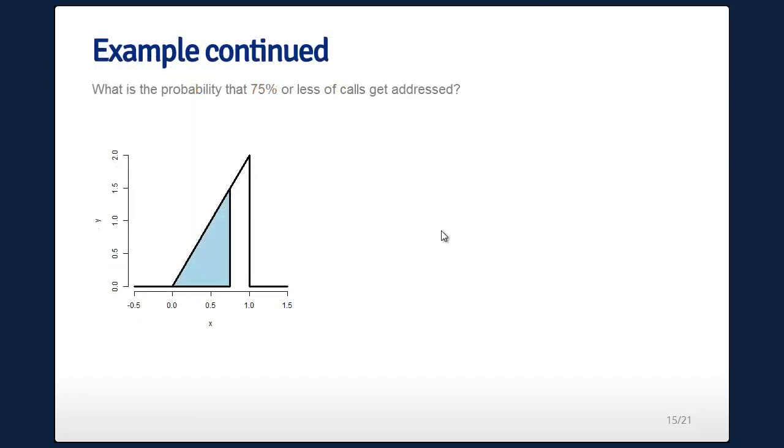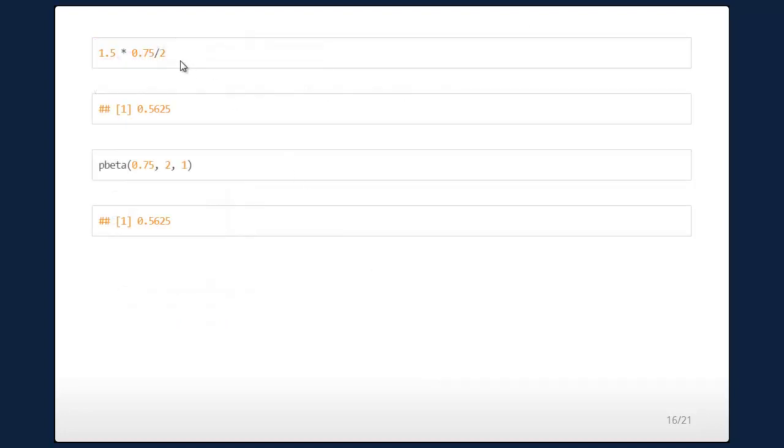What's the probability that 75% or fewer of calls get addressed? That would just be this blue shaded area right here. Here's 0.75 to 0. We want that probability, that area. So here I actually go through it.